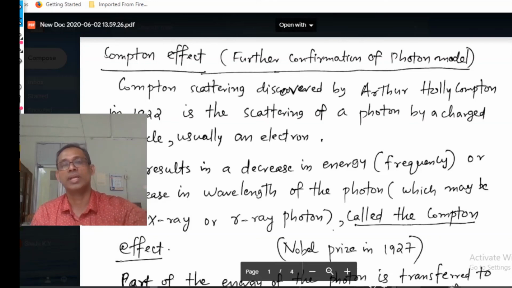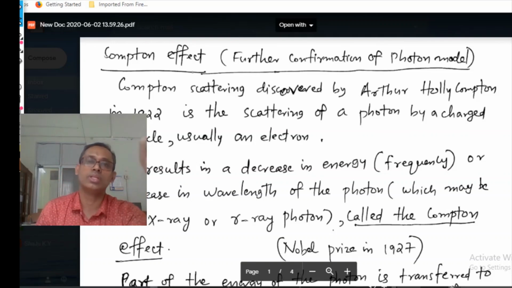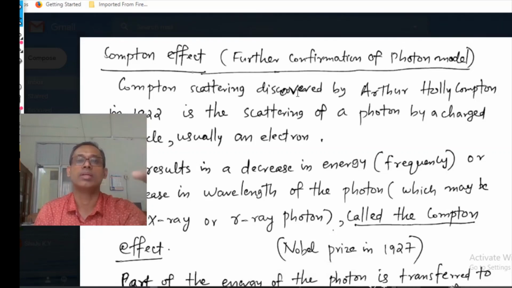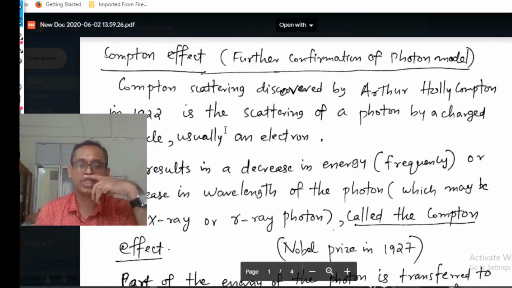By explaining black body radiation, the idea of packets of energy, quanta, was introduced. Einstein used that model to explain the photoelectric effect. Then its name becomes photon. So electromagnetic radiation can be considered as a particle. That concept, that model, gets a further confirmation through the Compton effect.